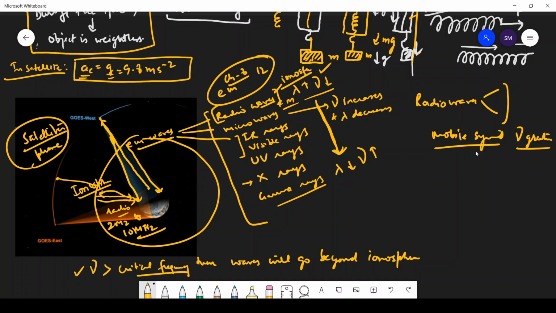Thus the radio waves broadcast from the antenna can be received at points far away where the direct wave fails to reach on account of the curvature of the earth. Directly the waves fail to reach, but from the ionosphere they are reflected back and used for communication. Now waves used in television broadcast and other forms of communication have higher frequency. For TV broadcasting, all of you have a dish antenna at your home.